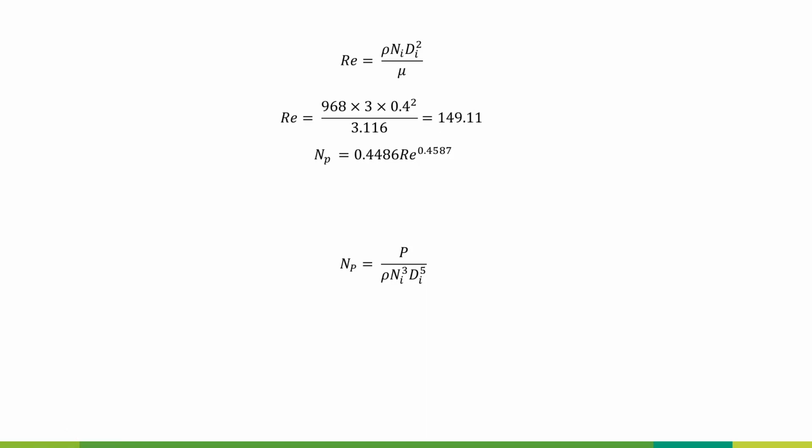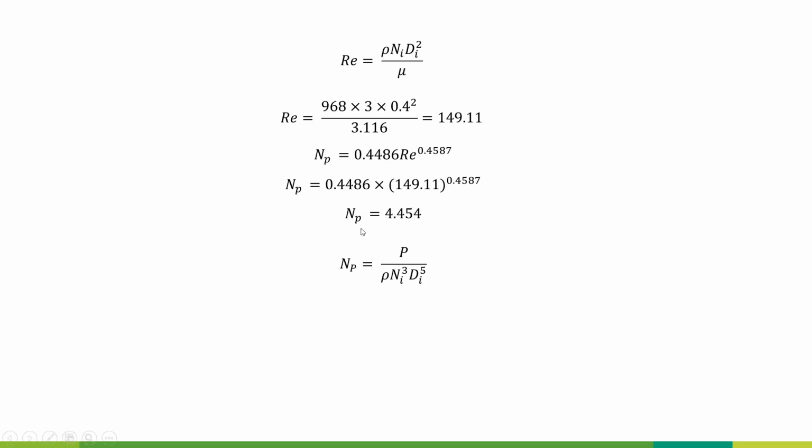Now that you have the Reynolds number, you just substitute it inside this equation. So NP is equal to 0.4486 into 149.11 to the power 0.4587. From there, you can calculate the NP as 4.454.